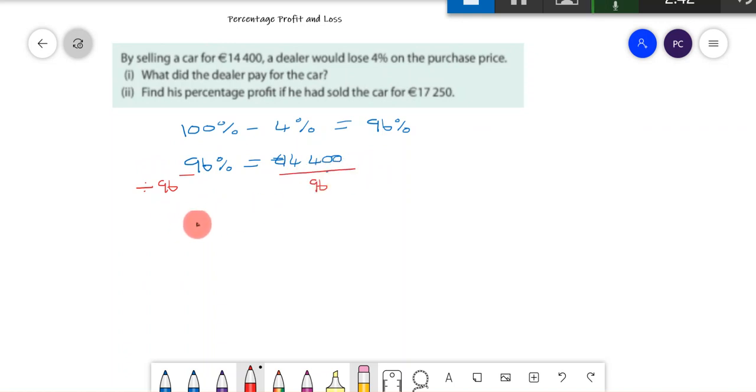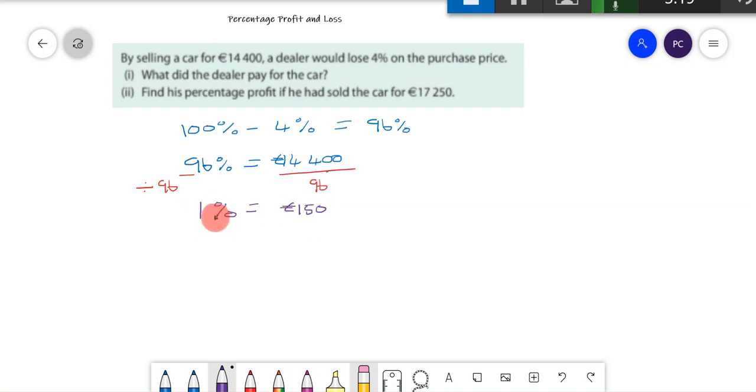So 96 divided by 96 is just going to give us 1%, which is equal to 14,400 divided by 96, which is €150. So if 96% is 14,400, then 1% is equal to €150.